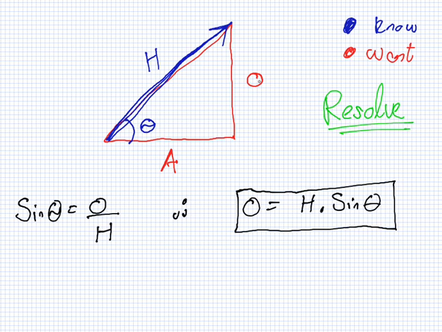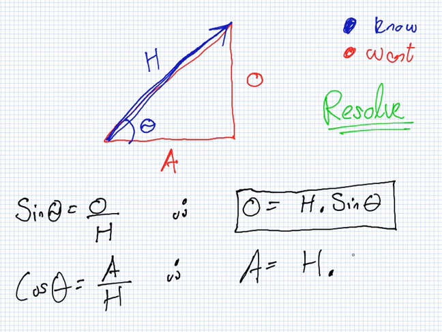If you want the opposite, you just take this number and multiply it by sine of this angle. We'll do an example in a moment. Cos theta, what does that equal? Adjacent over hypotenuse. Therefore, adjacent equals hypotenuse multiplied by cos theta.